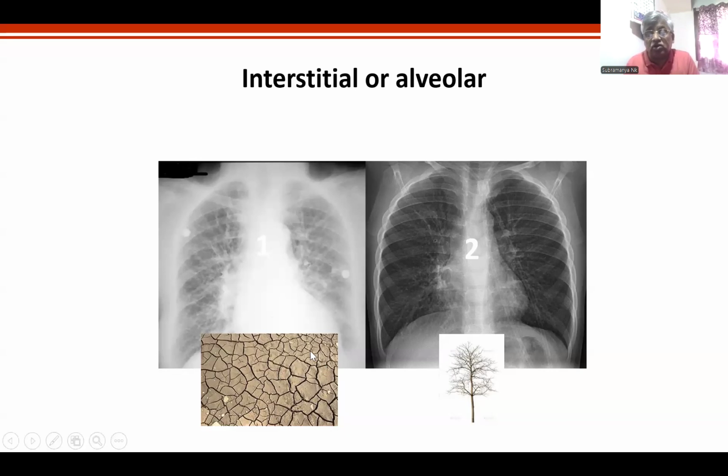They are broken lines. They don't follow the hilar to periphery journey, from Bombay to Goa. They don't go. They go here and there. You understand? This is interstitial. Please type U if you have understood how to differentiate an alveolar shadow or a vascular shadow from an interstitial shadow. Please, got it now?